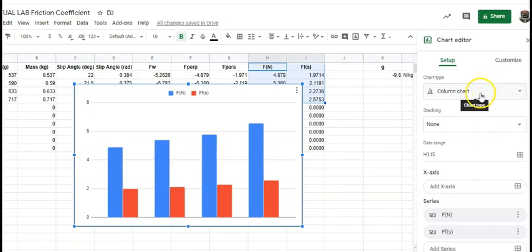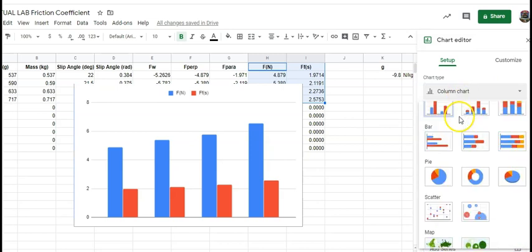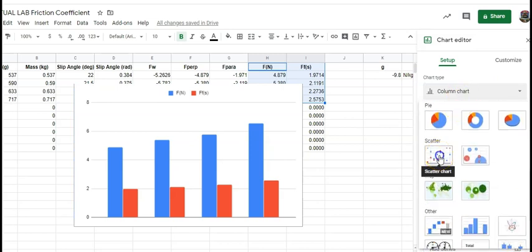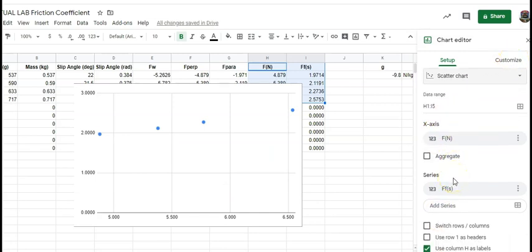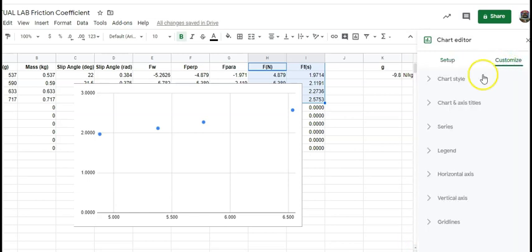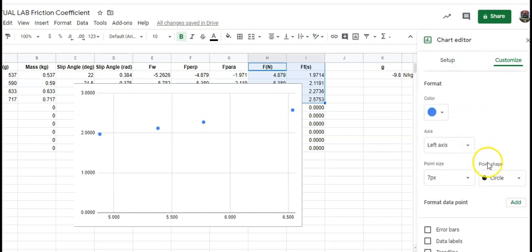We need to change the type of graph. So scroll down to the scatter graph and select that one. Then let's just check if I use row 1 as headers. Okay, it's not going to matter. Alright, just leave that. We'll come over to customize, go to series. First thing I do is change circle to cross.